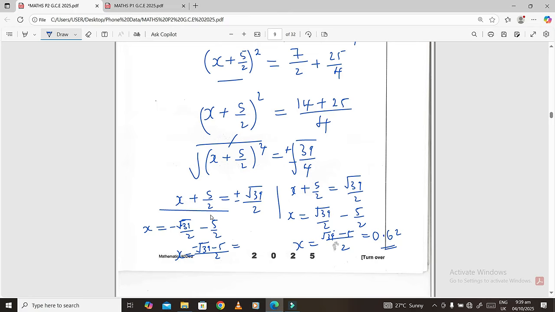So when we punch negative square root of 39 minus 5 over 2, let me punch nicely, this one is giving us negative 5.62, which is the solution we found. So let's go to the next question.